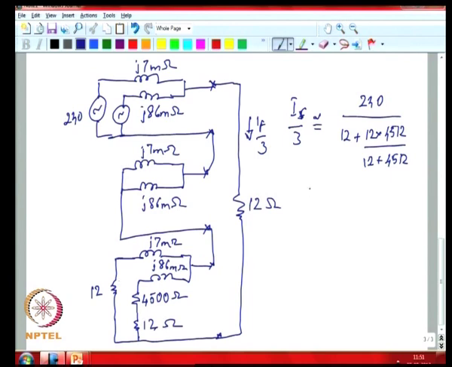So, you get IF equal to 30.04 amps, which means that the increase in fault current seen because of the DG is about 40 milliamps. So, you can say that there is hardly almost no change in the current level now that you have added the DG for a single line to ground fault.